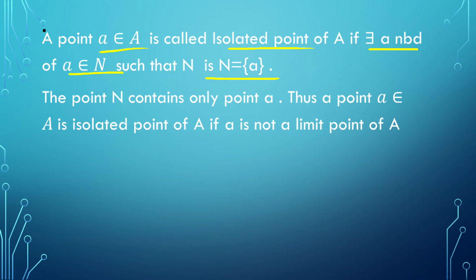So that element is called an isolated point. The neighborhood N contains only the point A. Thus a point A in A is an isolated point of A if it's not a limit point of A.